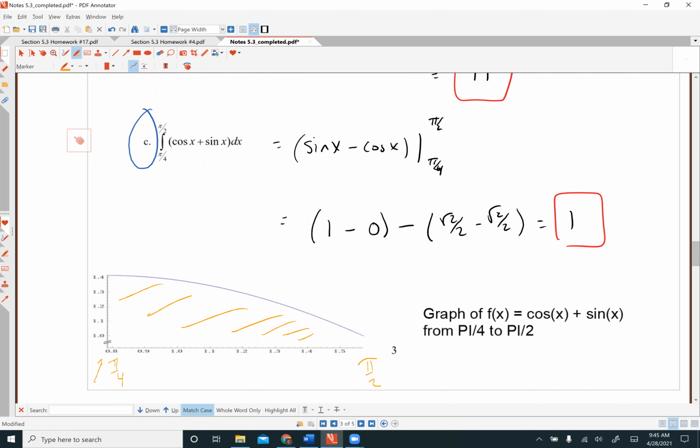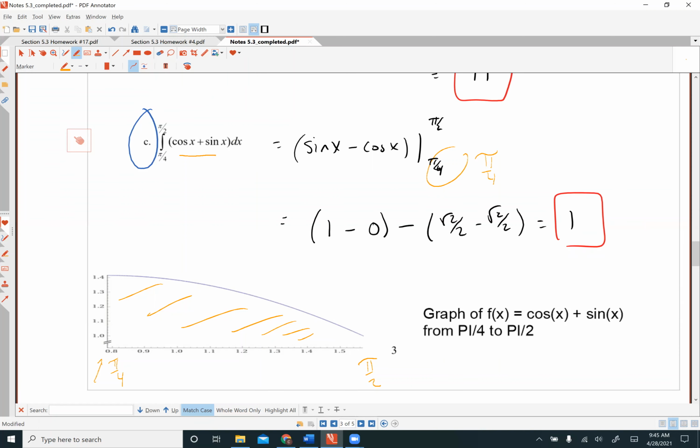But we have this great fundamental theorem of calculus. So we take the antiderivative. What function has the derivative of cosine of x plus sine of x? Well, the derivative of sine of x is cosine of x. The derivative of minus cosine of x is sine of x. And now we just evaluate it from pi over 4 right here.